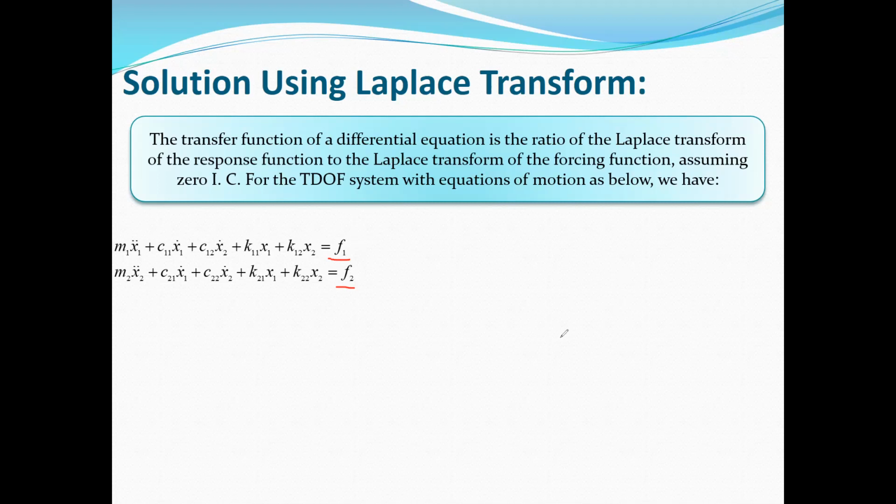But here in this case, we deal with a damped system, and we want to obtain the response of this system subjected to the external forces F1 and F2 with non-homogeneous terms by using the Laplace transform.